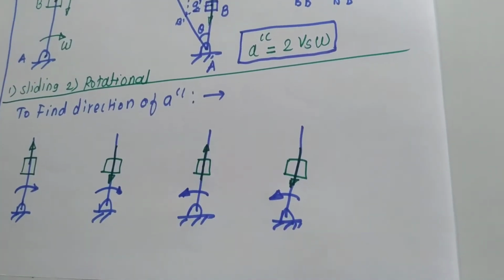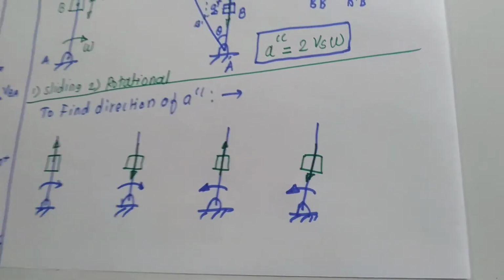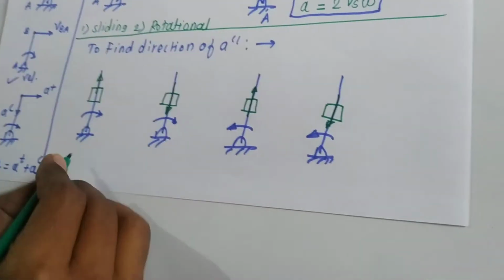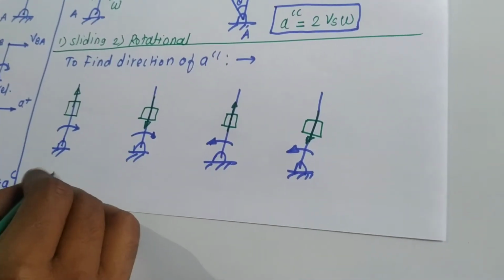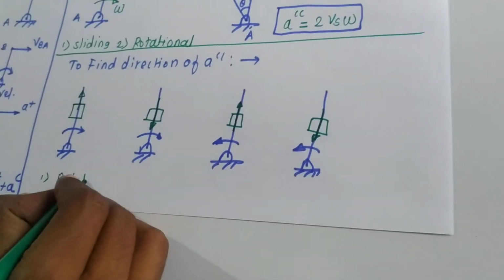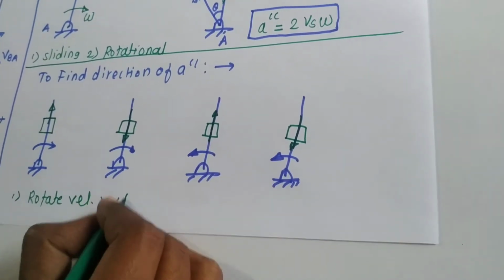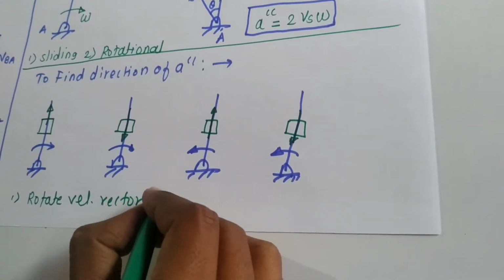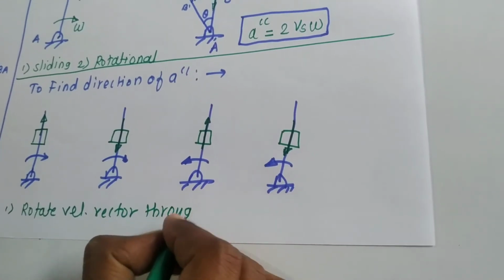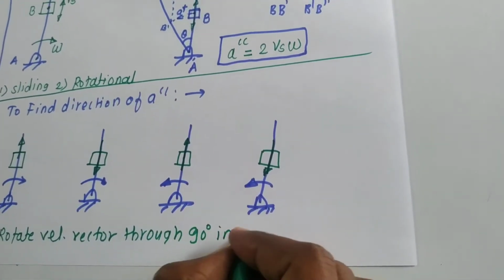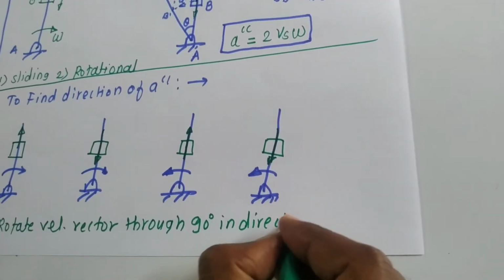So what will be the direction of the Coriolis component in this case? It's very simple. The rule is: rotate the velocity vector through 90 degrees in the direction of rotation.